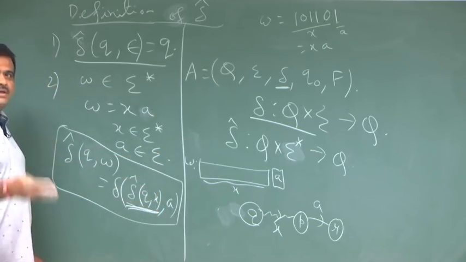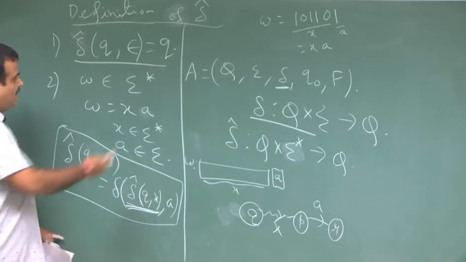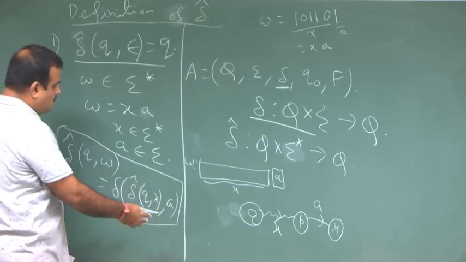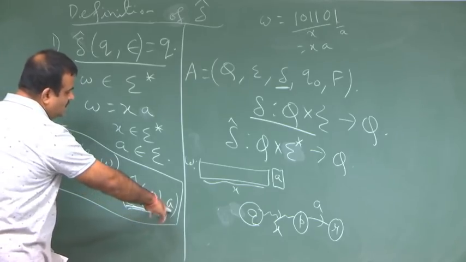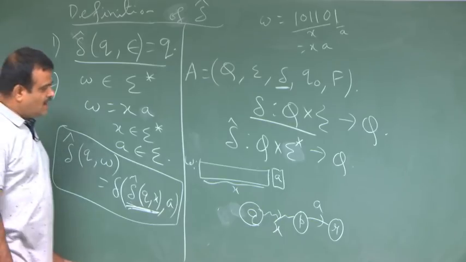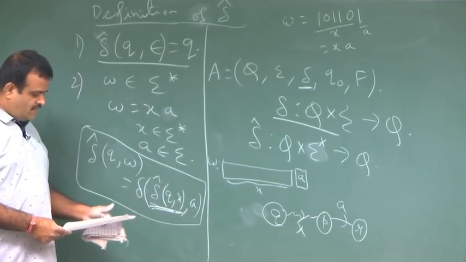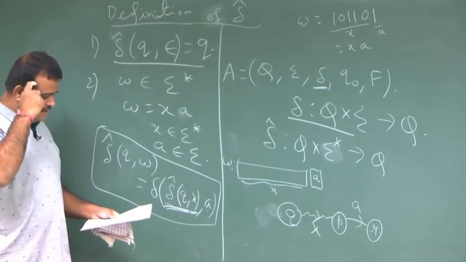That is straightaway the application of delta. But if it is some more symbols, then we first take x, then apply this, and lastly we will move to the state r. So, this is the way we define this delta.